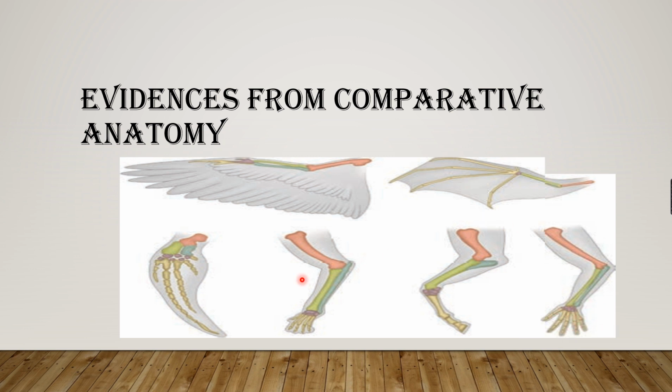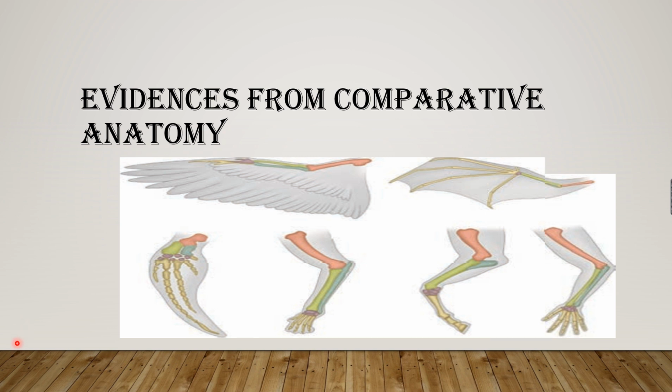The same type of bones are present in the forelimbs of all the vertebrates with this similar structural plan, but they are useful for different functions. So we are analyzing the relationship between the various animals, their forelimbs, and under homologous organs, analogous organs, vestigial organs, connective links, one by one.